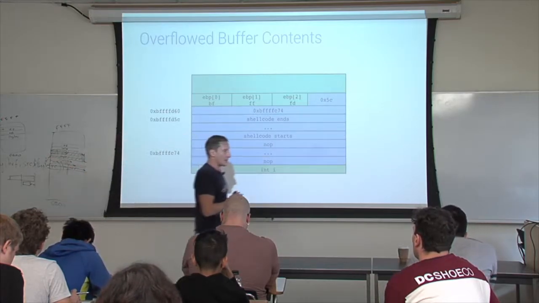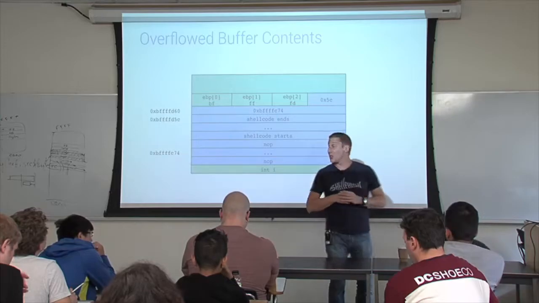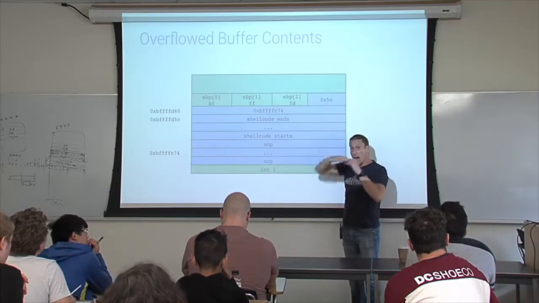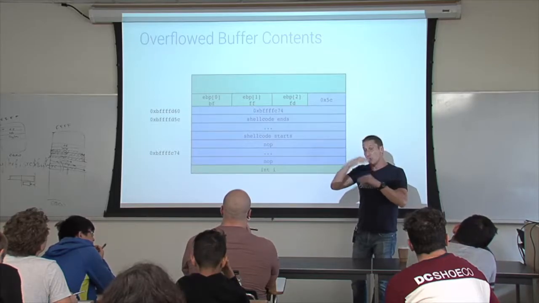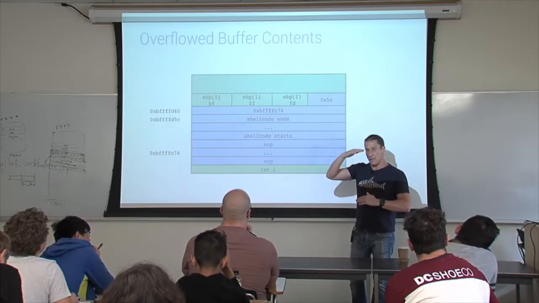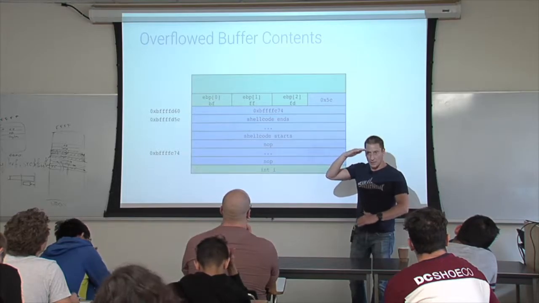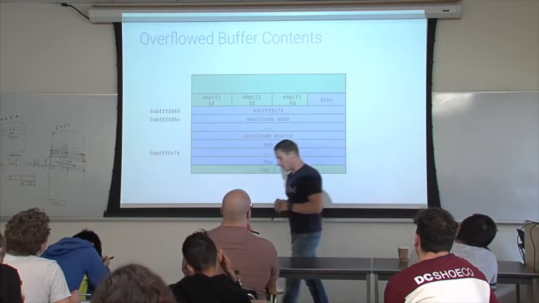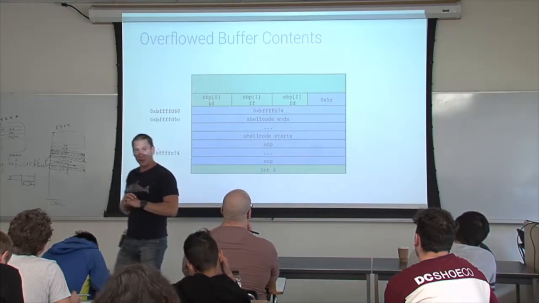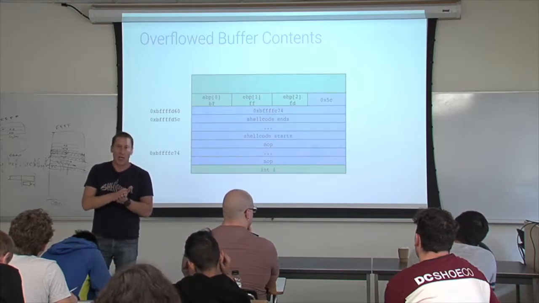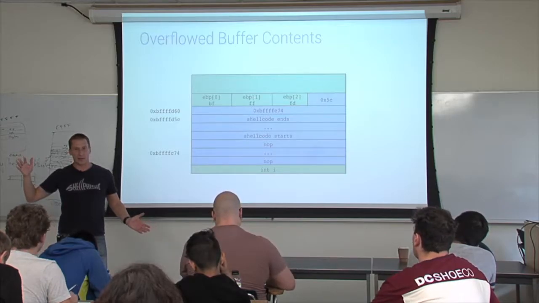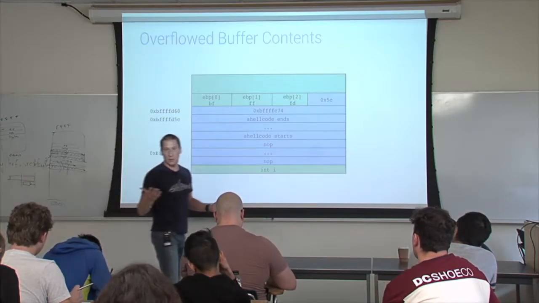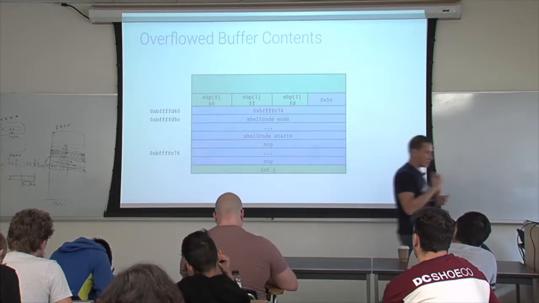Most of the time they're close, but you could have a situation where they're at the boundary. Sometimes, if you control the environment, you can make the environment bigger and squash the start of the stack a little down so that you're not exactly at that boundary. Of course, if the frames are very, very big, which very seldom happens, then you might not be able to exploit it. Very good question.